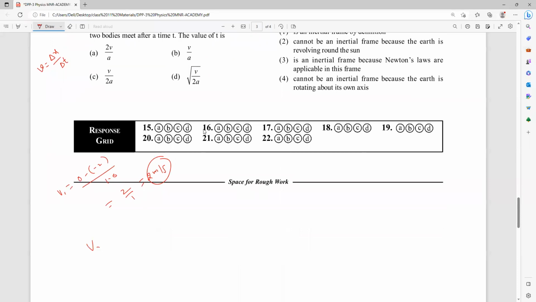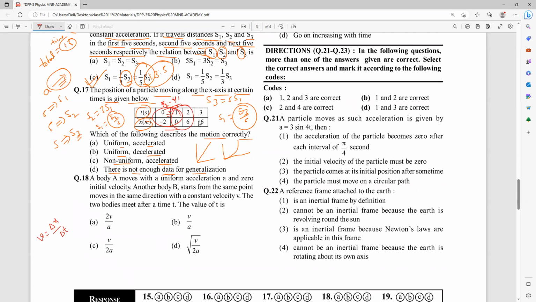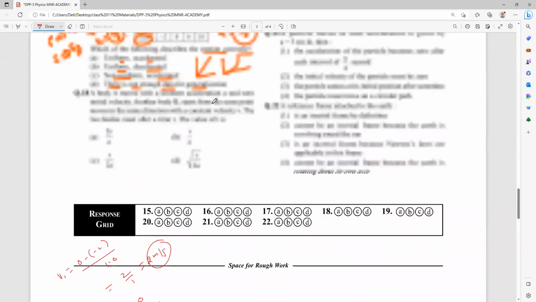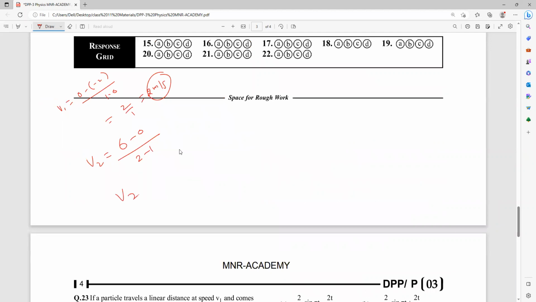Next, v2 is equals to, observe the data, next to 6 and 1, 2 and 0, 6. So what will come? 6 minus 0 divided by 2 minus 1. So what is v2? 6 by 1, which is equals to 6 meter per second.